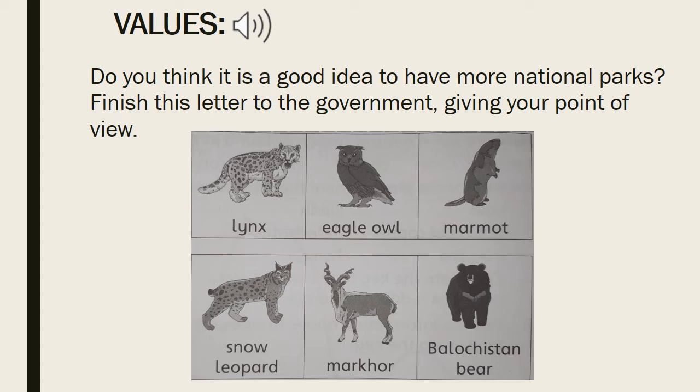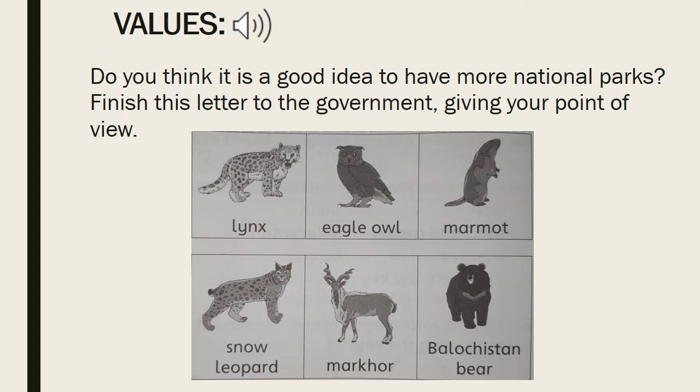So the government or the people make a national park to protect the plants and the animals, and the people can also visit there and enjoy there, and the animals that are in a national park are looked after so they cannot be harmed. So our government wants more national parks in Pakistan.